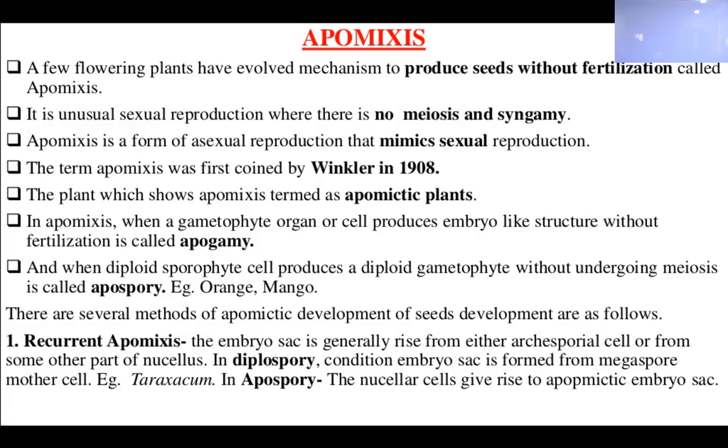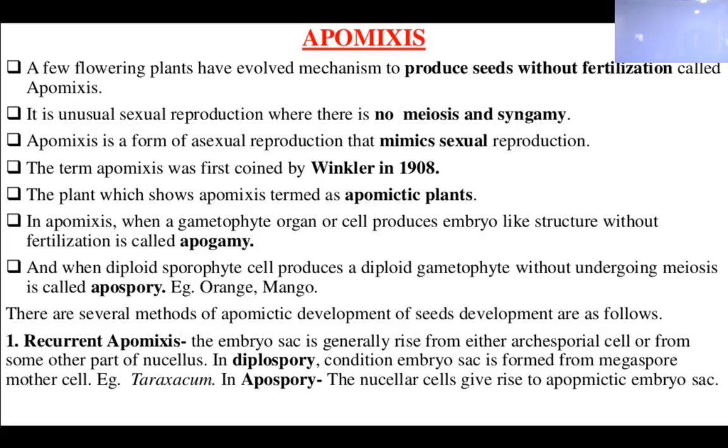For example, orange, mango. There are several methods of apomictic development of seeds, for example recurrent apomixis. The embryo sac is generally raised either from an archesporial cell or from some other part of the nucellus. In diplospory, the embryo sac is formed from the megaspore mother cell, for example Taraxacum.